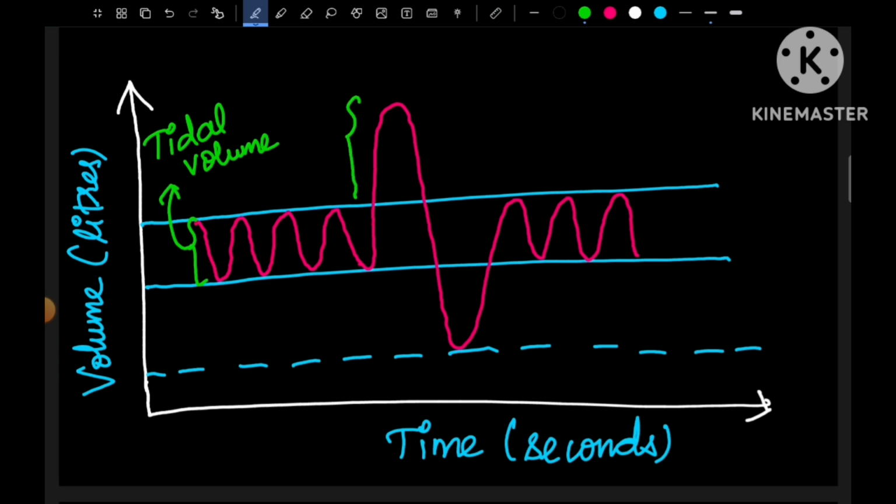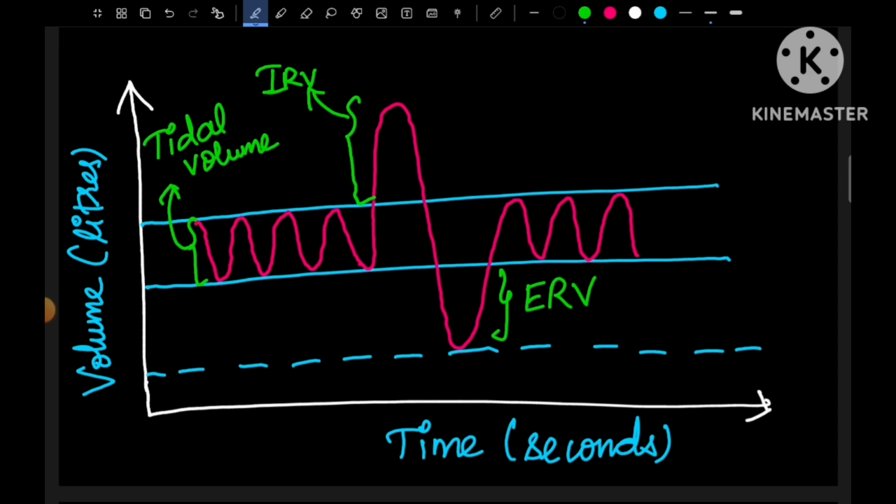This is the IRV. Let's see in detail in the next page. Okay, next, what is this? This is ERV, which is nothing but expiratory reserve volume.